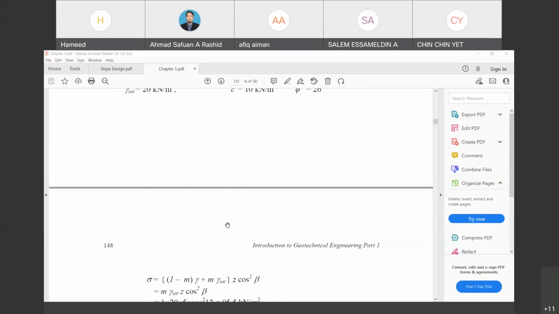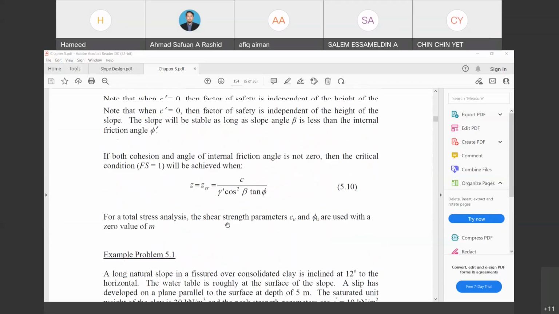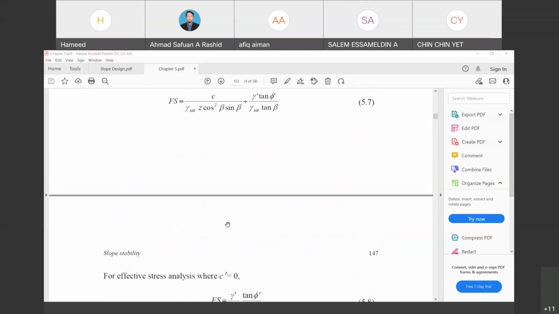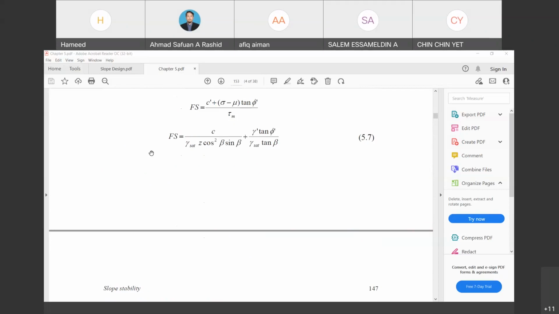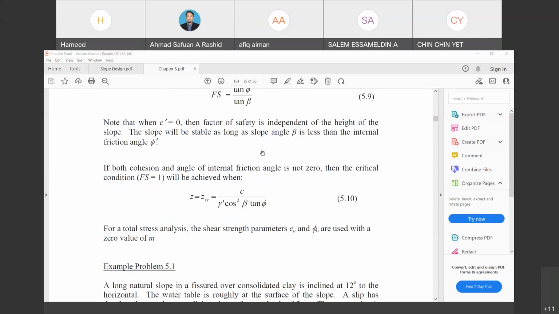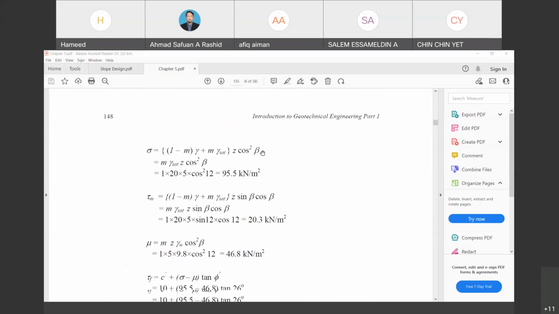Now, how about we use this formula? I want you to calculate the factor of safety based on equation 5.7. Can you get 1.66 as well?